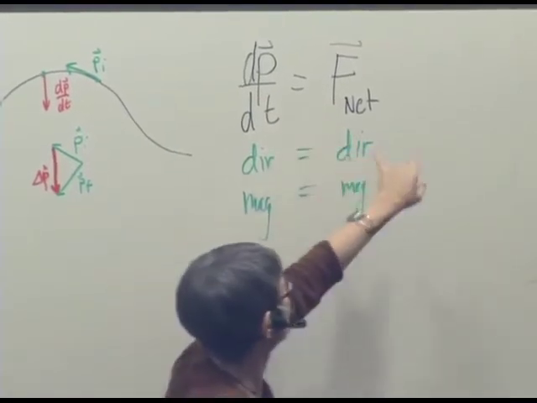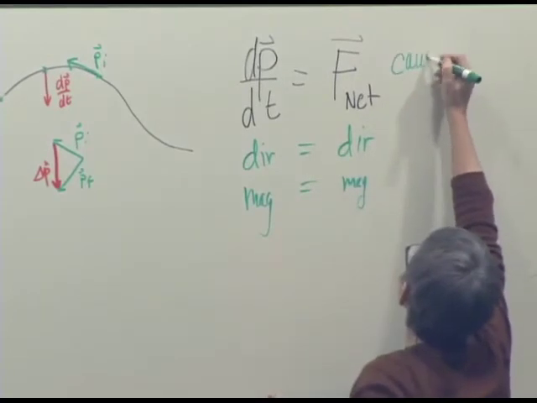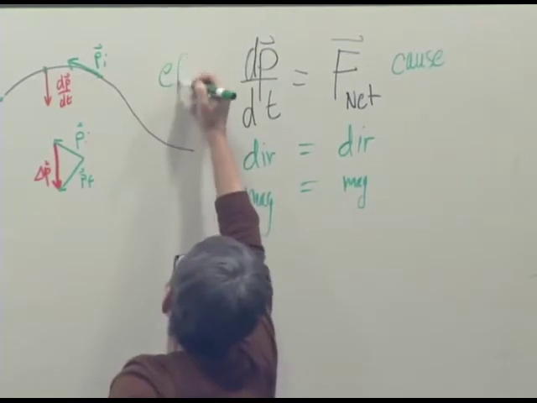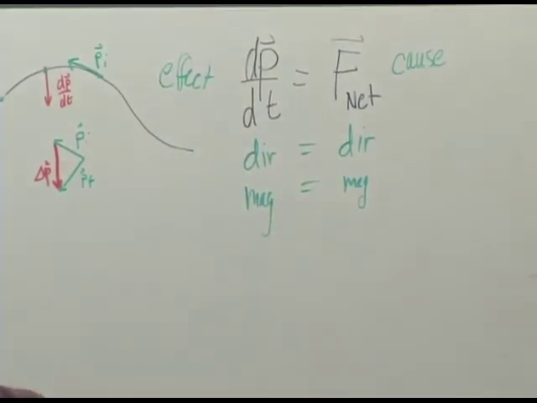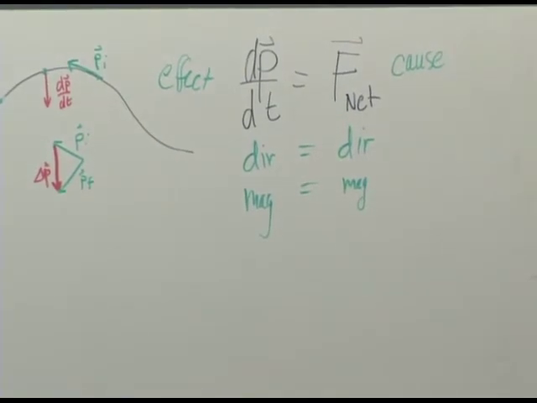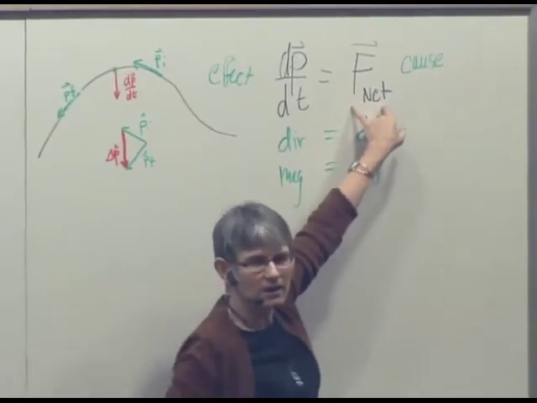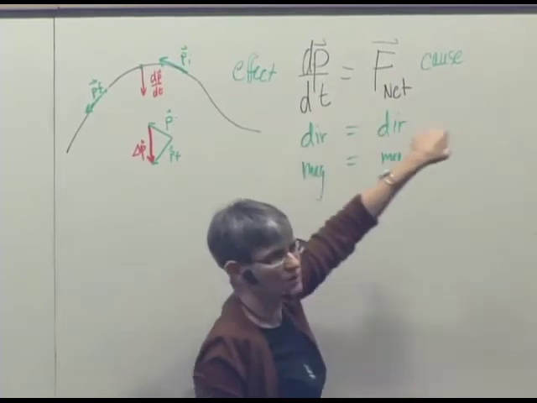It says this is the cause, there's a net force applied to a system, and the effect is that the momentum of the system is changing at that instant. So they're not the same thing, and we can consider them independently. There are times when we can figure out what the net force on a system is and therefore predict the rate of change of momentum.